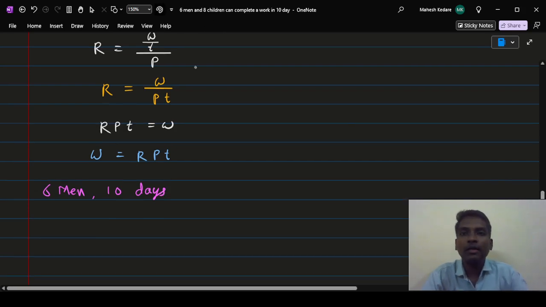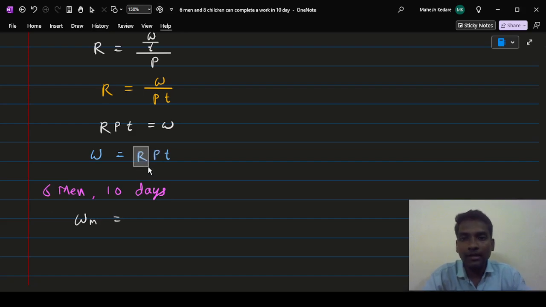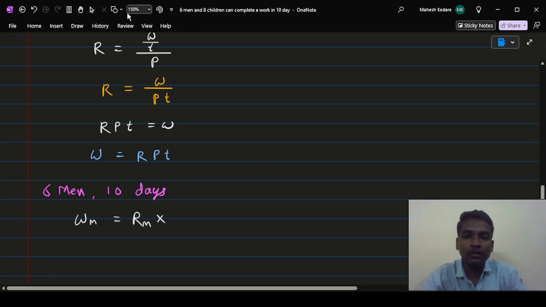Work done by 6 men, let's denote it by Wm. And the number of people is 6. So for P we write 6. And R gives us the rate of doing work by a person. In the present case, R will stand for the rate of doing work by a man, and I denote it by Rm, multiplied by, in place of number of people, we write 6 men.